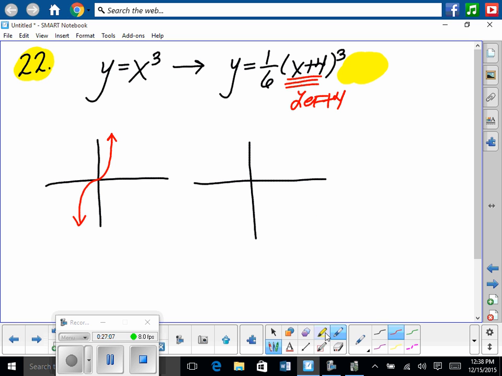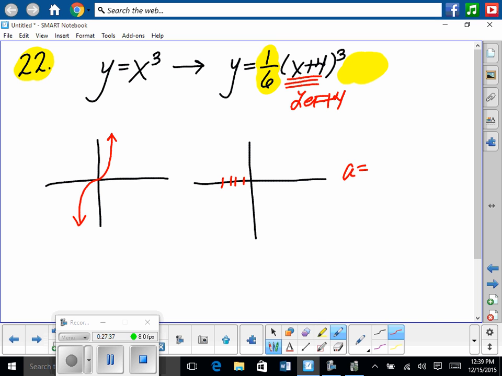But then also, we have this acceleration that has been changed. Our acceleration is 1/6. So what that means is we went left 4, back 1, 2, 3, 4, and then we didn't shift up and down at all, but our acceleration is 1/6. So if you remember how a cubic function works, you go up your a value over 1, up your a value over 3.